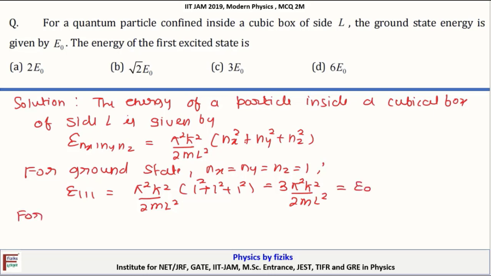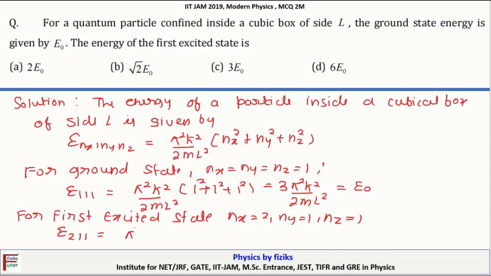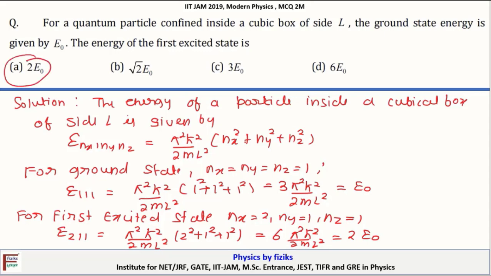For the first excited state, nx equals 2, ny equals 1, and nz equals 1. So energy E211 would be pi square h square by 2 m L square times (2 square plus 1 square plus 1 square), equals 6 pi square h square by 2 m L square, which can be written as 2E0. So our option is A, 2E0.